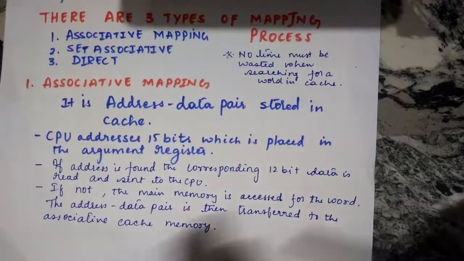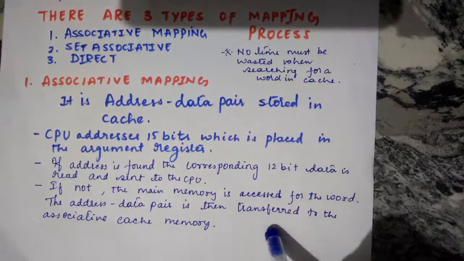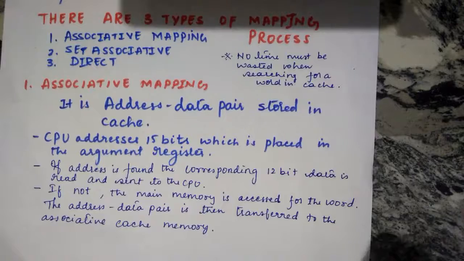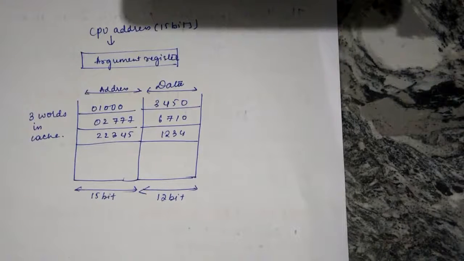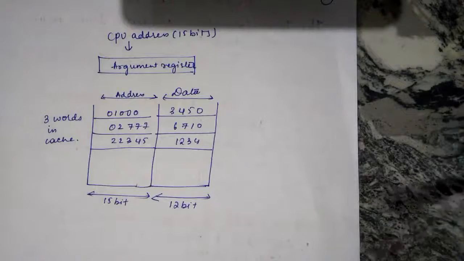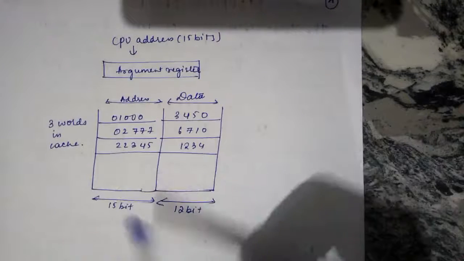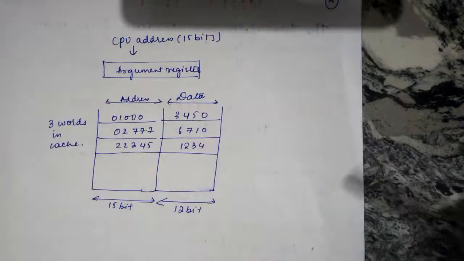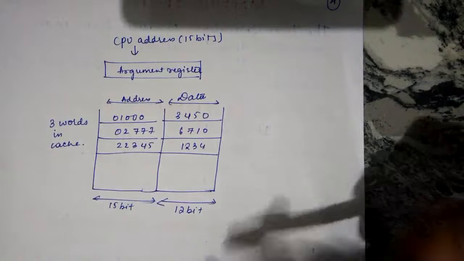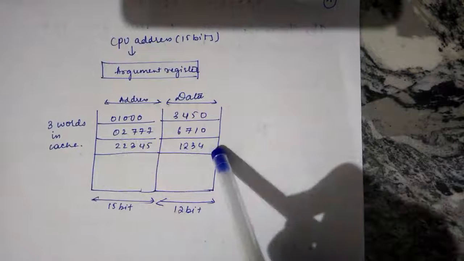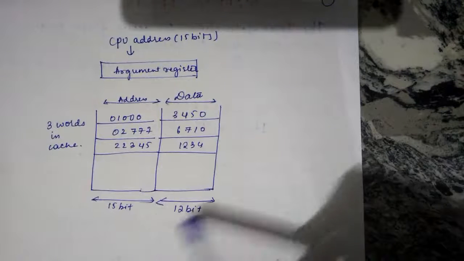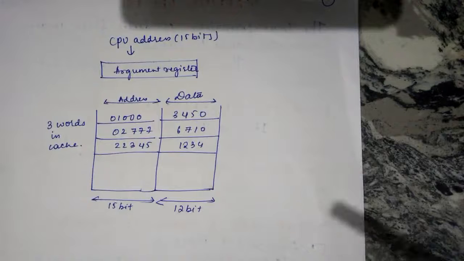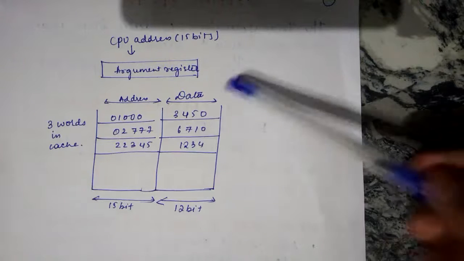Now when the cache is completely filled and there is no place for another address and data pair, we displace one of the pairs by using a replacement algorithm, that is the FIFO replacement policy, first in first out.